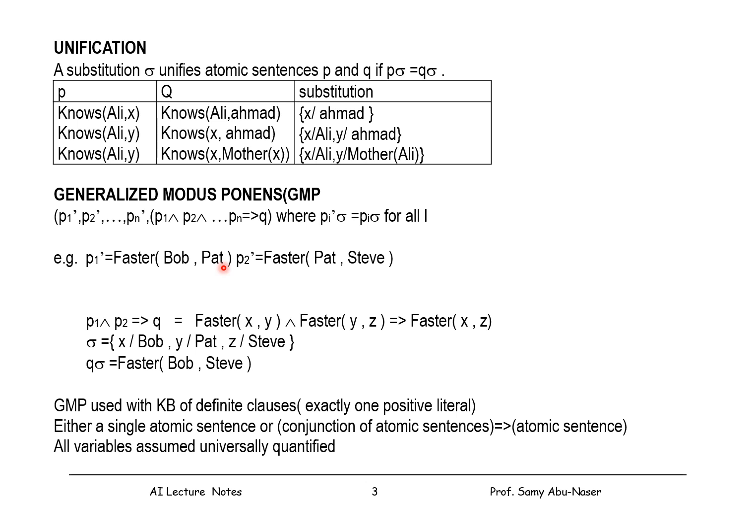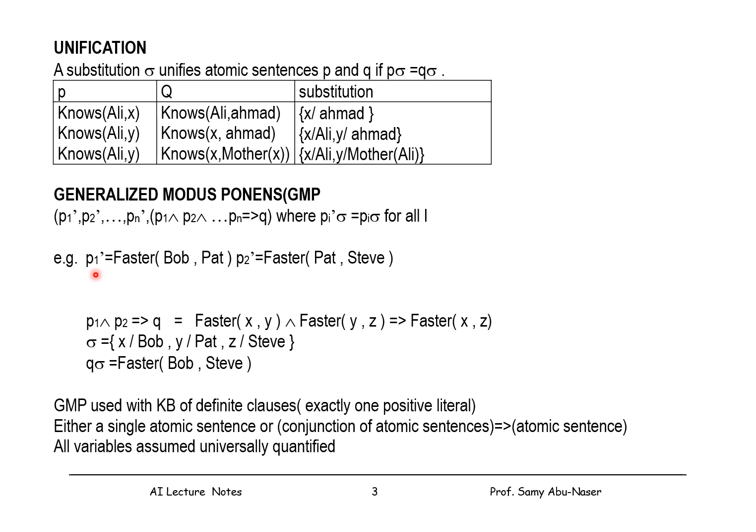It says if P1 and P2 and Pn, where P1 and P2 and Pn goes to Q, where Pi' sigma equals Pi sigma for all i.